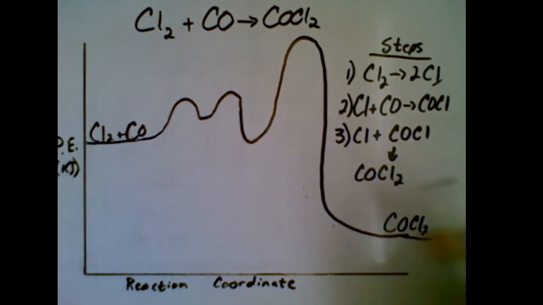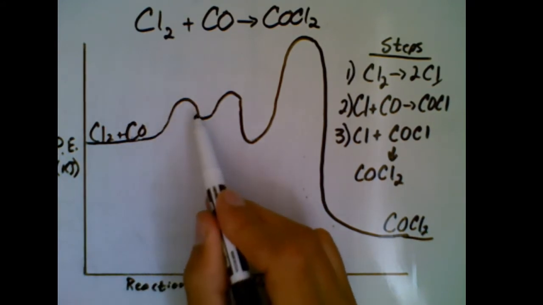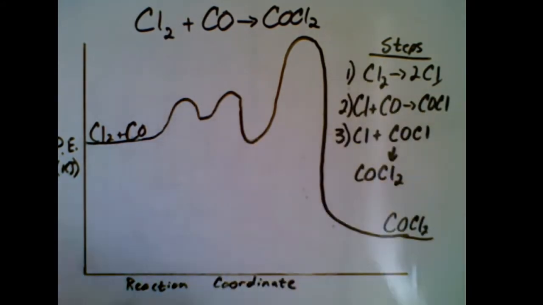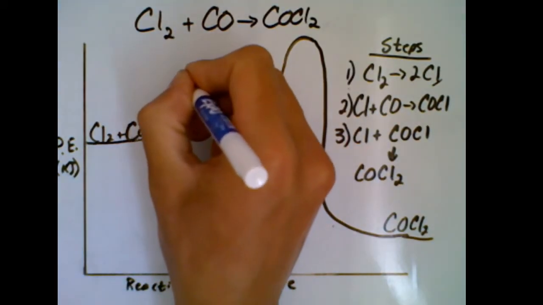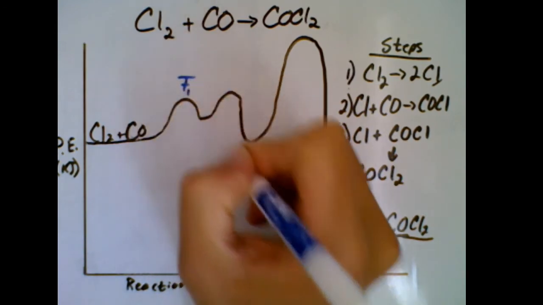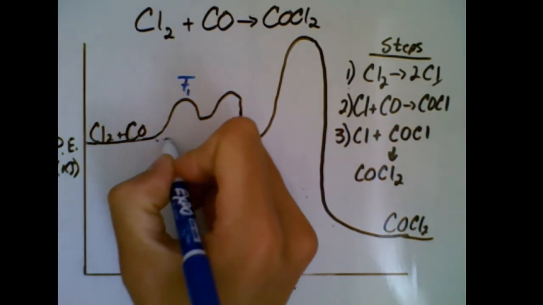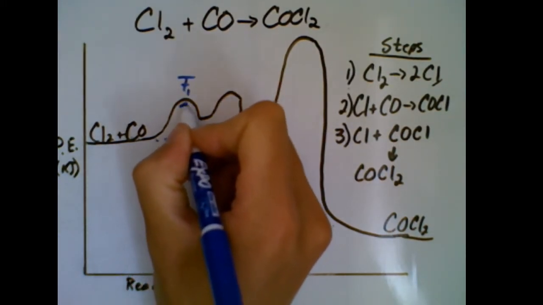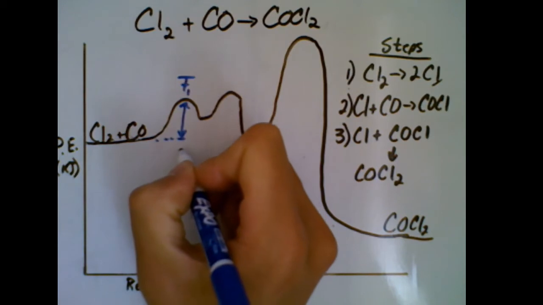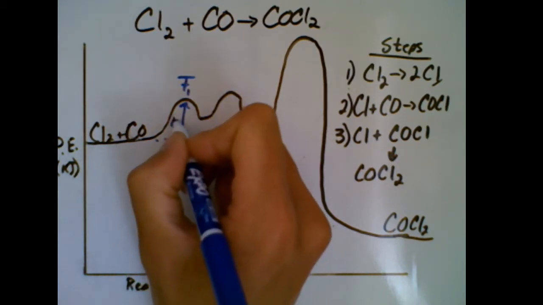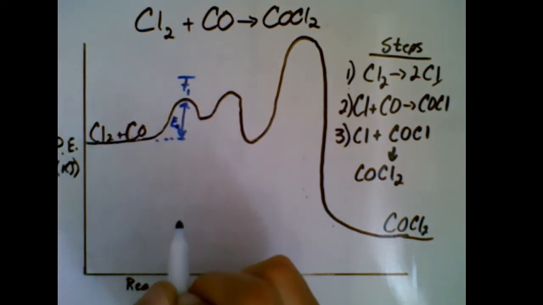Now, the first bump that you see here represents the first step of this reaction. So the very top of this first peak is the transition state for the first step. And what we can do is actually also look at the activation energy for that first step. So that first step would have this as its activation energy.